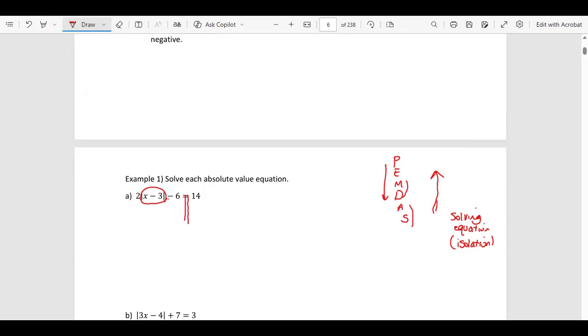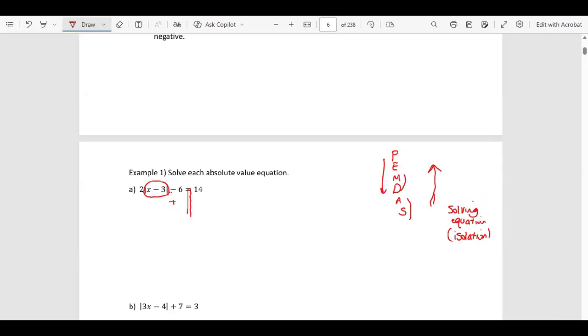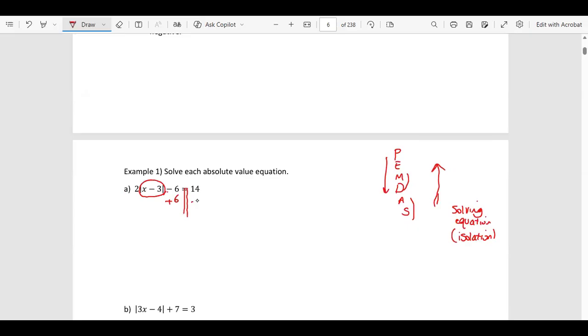Okay, so now I want to isolate the absolute value. Based on the backward direction of PEMDAS, I need to get rid of any add or subtract. The only add or subtract on the left side is -6, and the opposite of negative is +6. So I will add 6 to both sides. We will have 2 times the absolute value on the left, and 14 plus 6, which is 20, on the right.